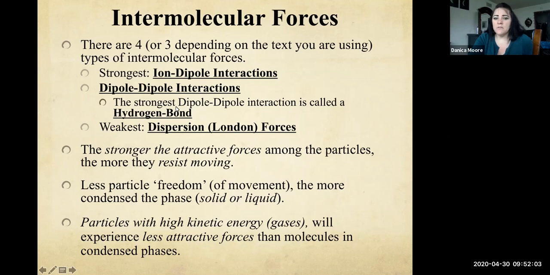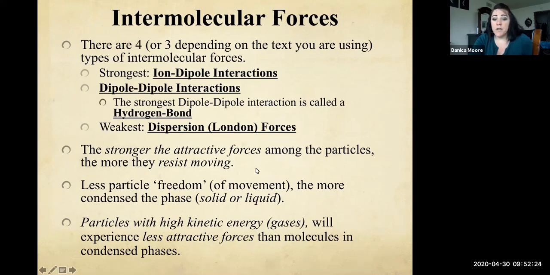And we talked about the dipole-dipole interactions that are the strongest are hydrogen bonds, right? So technically the order of strength would be ion-dipole, then hydrogen bonds, then general dipole-dipole, and then the weakest would be dispersion or London forces, right?